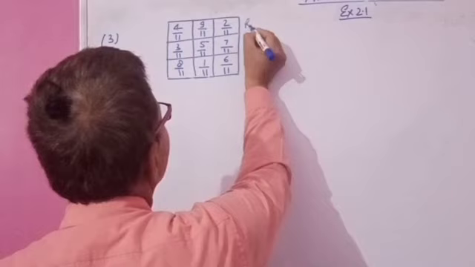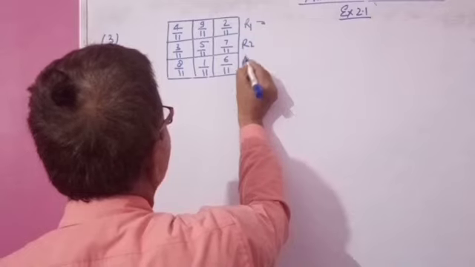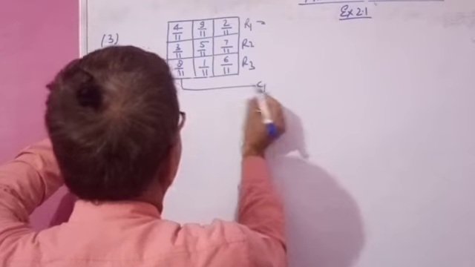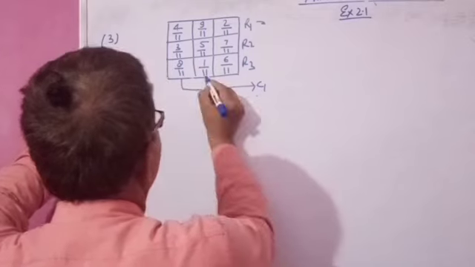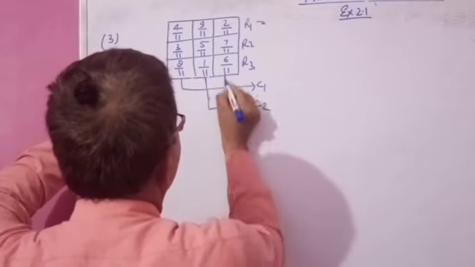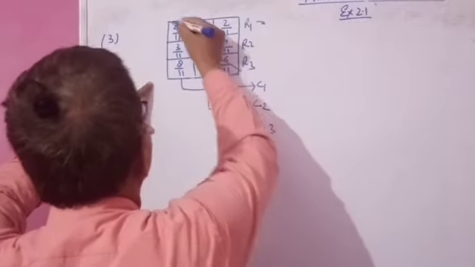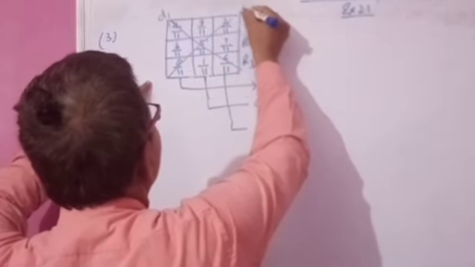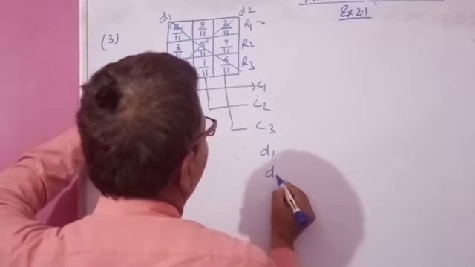These are rows R1, R2, R3, these are columns C1, C2, C3, and these are diagonals D1 and D2.